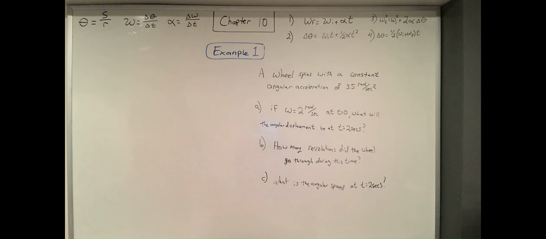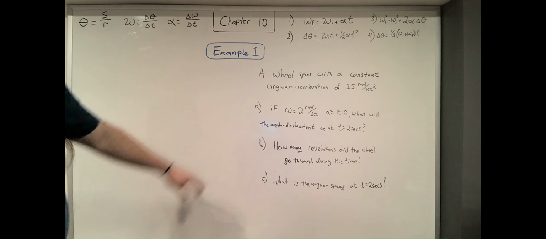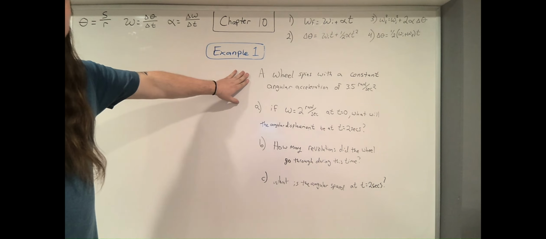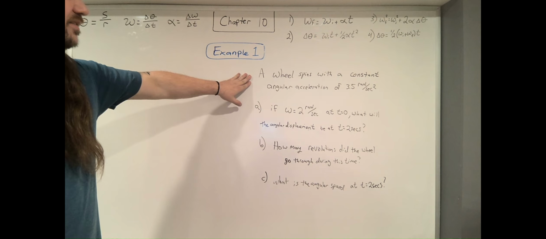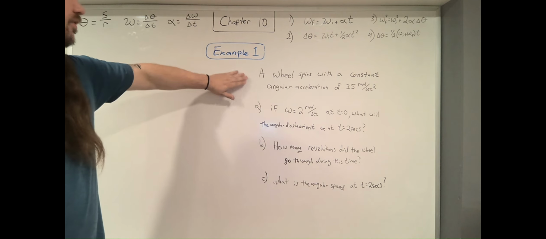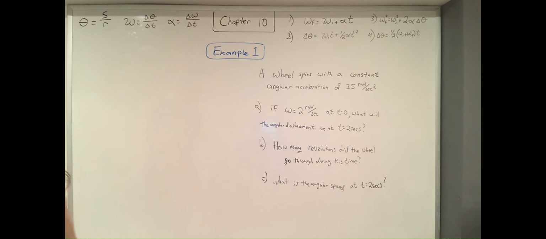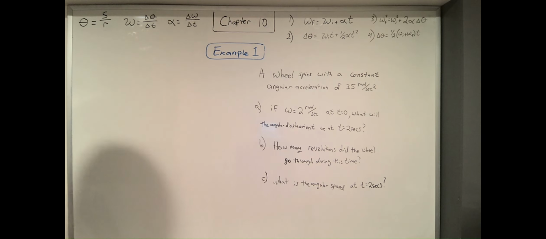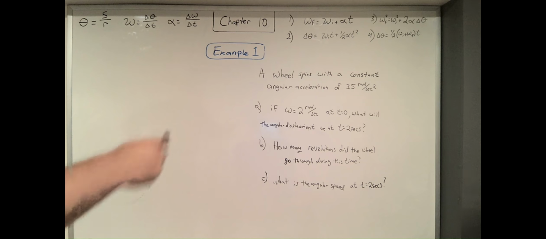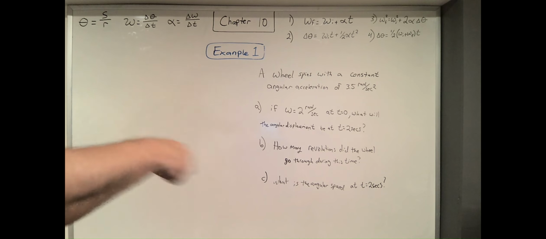And I've given you a question. Example 1 is a 3-parter. We have a wheel that is spinning with a constant angular acceleration of 3.5. So anytime that we have something like this that is spinning, we're going to have now angular quantities to add into it. This angular acceleration of 3.5 radians per second means that the wheel is speeding up.